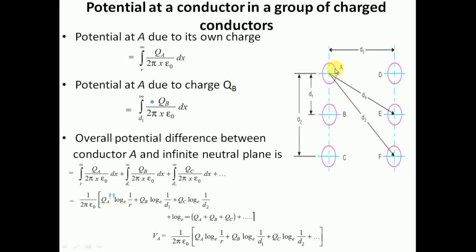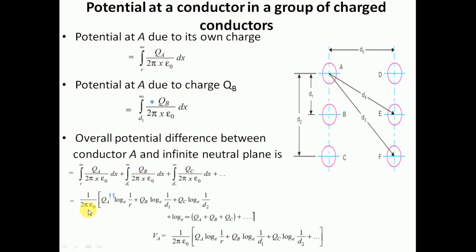So similarly, we will be able to calculate the potential at conductor A due to the influence of all other conductors, and we can write the overall potential at conductor A as the sum of all this.